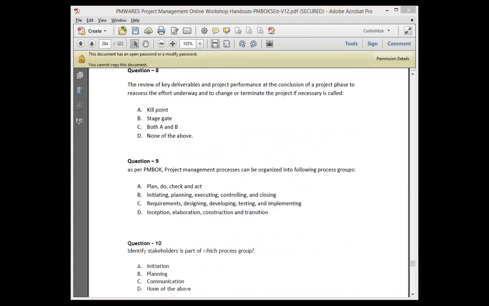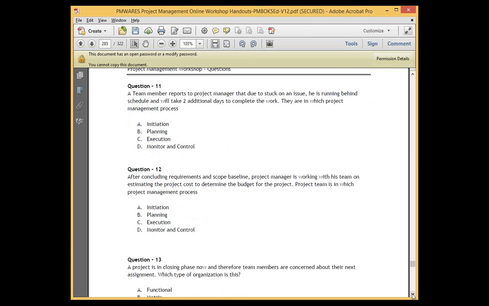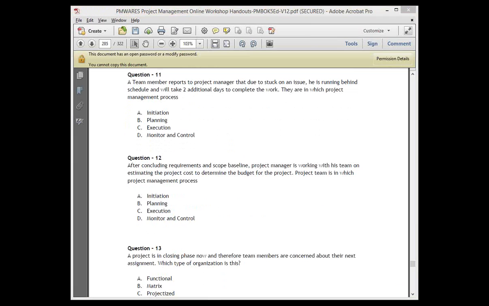There are only two processes in initiation. One is create project charter, and the second is identify stakeholder. So it's a part of initiation. What about 11?